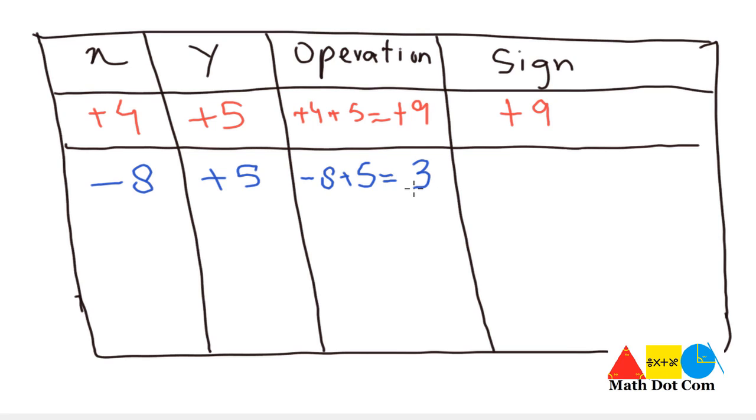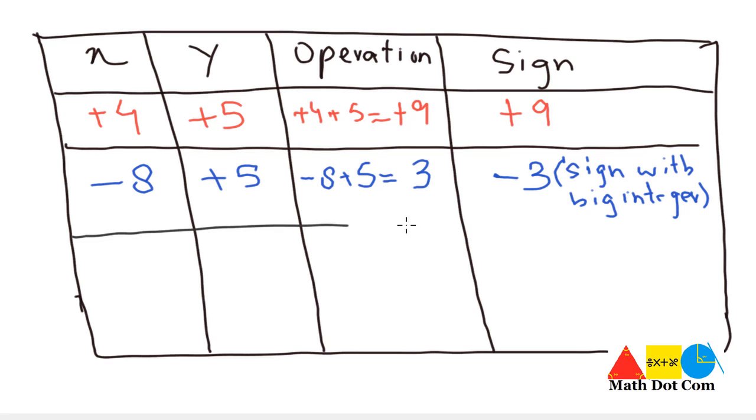And what will be the sign with 3? It will be minus 3, the sign with the bigger one, the sign with the big integer. That is, here it is minus 8.